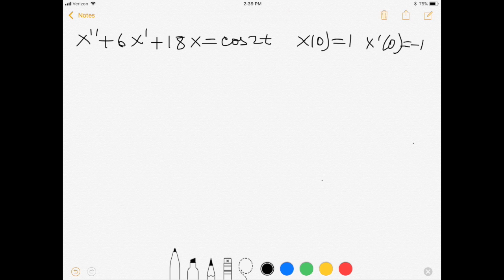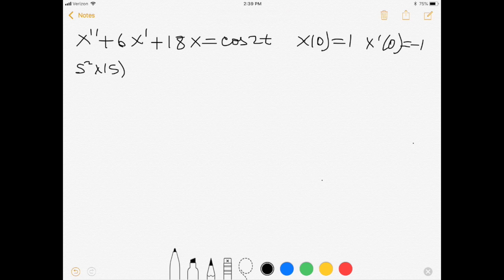Same method, we use the Laplace transformation for this equation. We have s squared X of s plus 6 times, sorry, I'm not finished here. I made a mistake. Then we have that the initial point is non-zero.